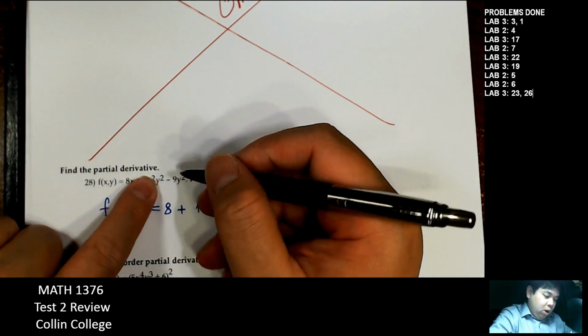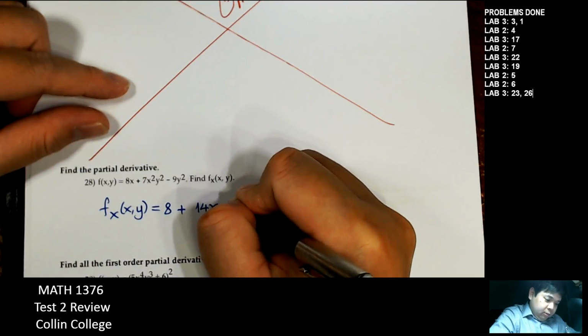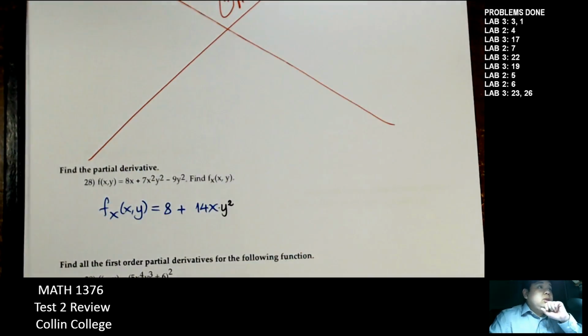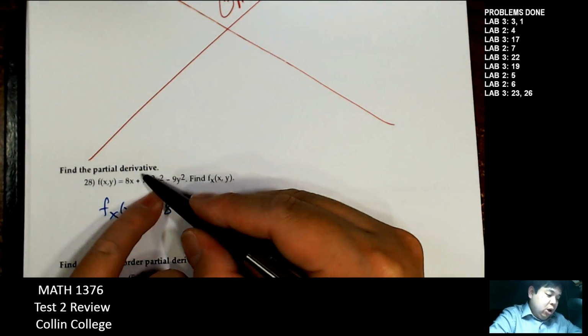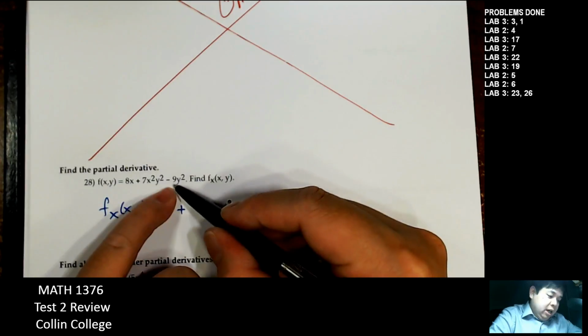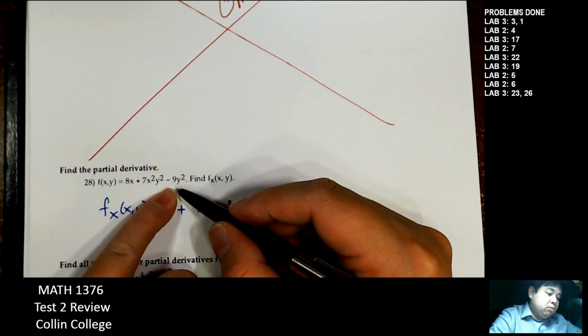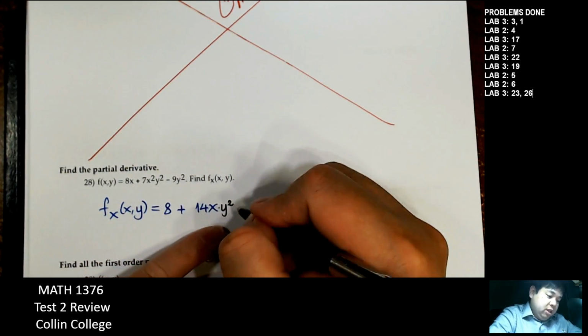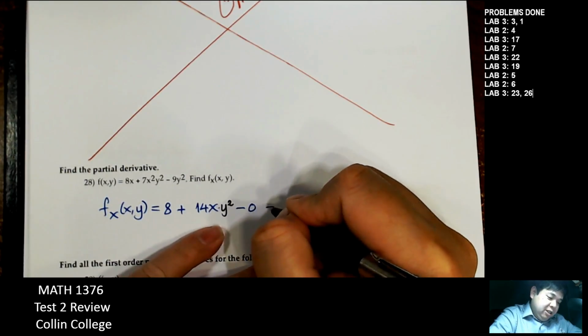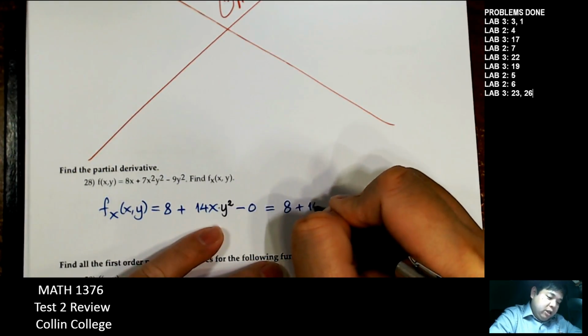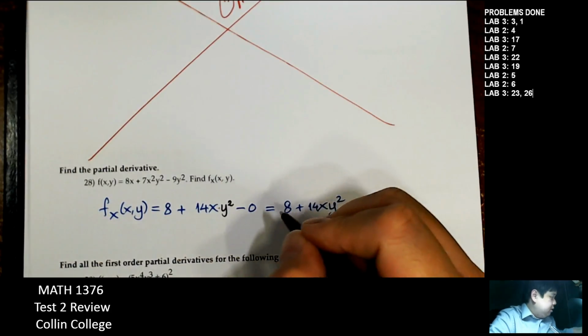So with respect to x, y is a constant, we just have that constant because it is all together in one term. If you have the whole thing as a constant by itself, derivative will be 0. So we just have 8 plus 14x y squared.